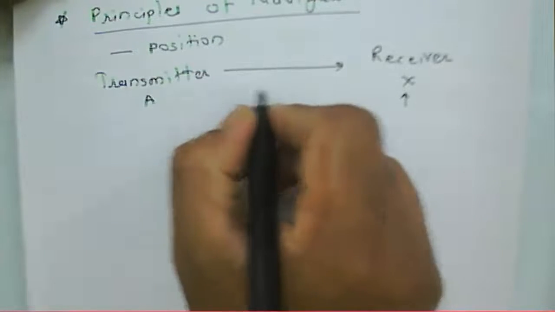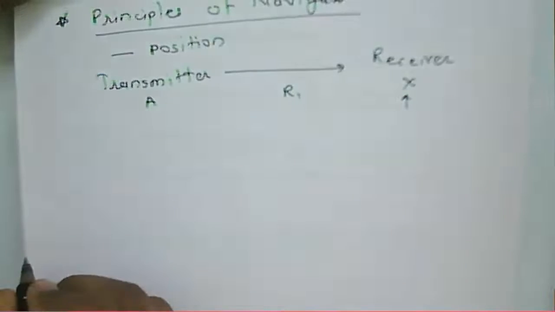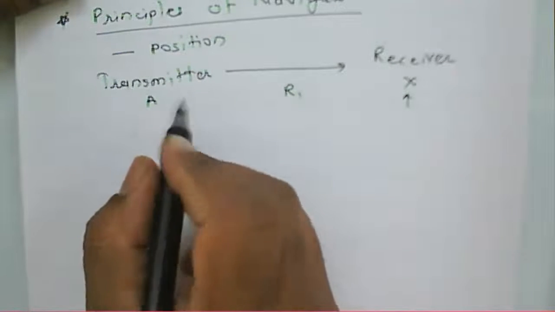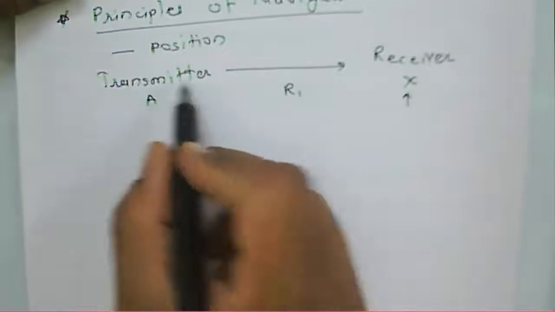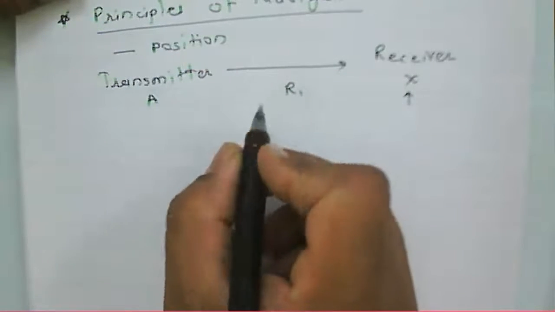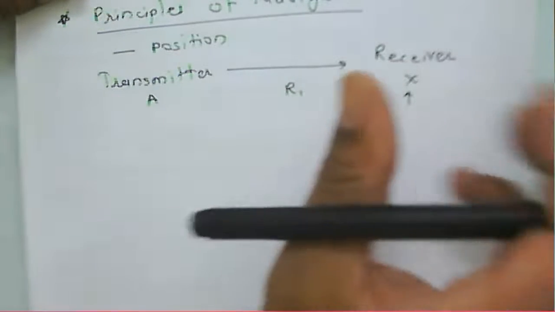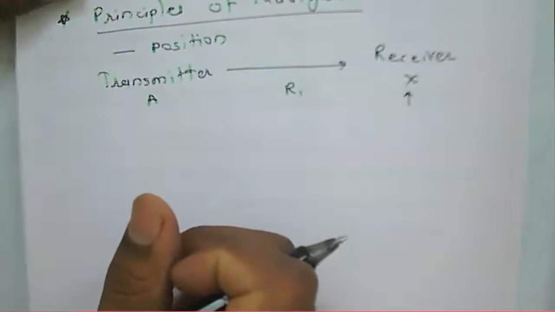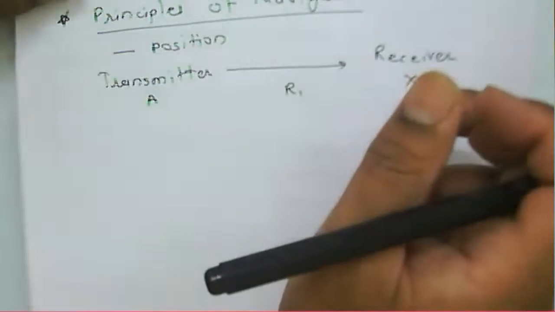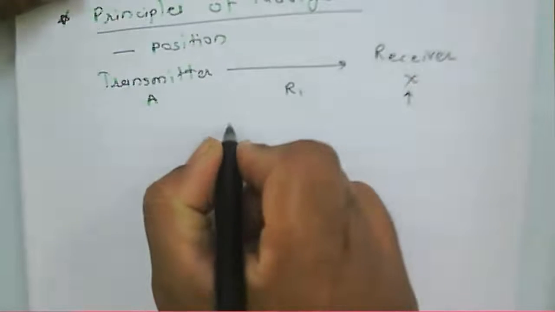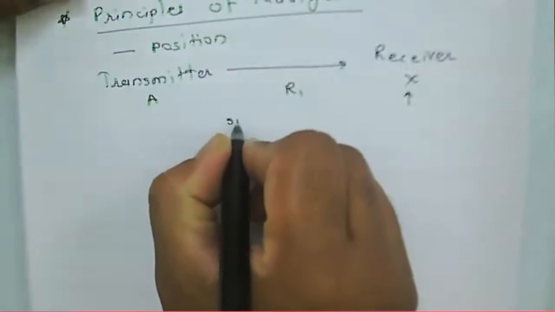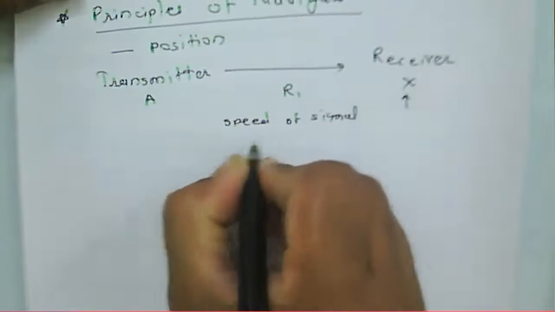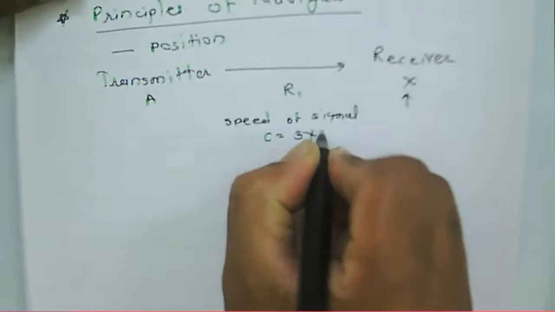Suppose the distance between the transmitter and receiver is r1, and we send one particular signal from this transmitter to the receiver. For that we consider the speed of the signal, c equal to 3 into 10 to the power 8.